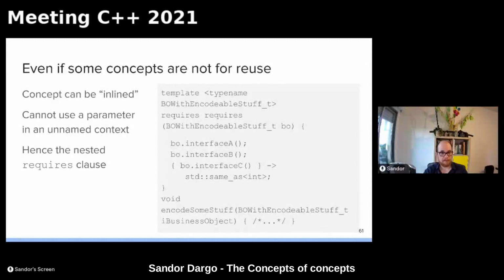And now again, you have a utility function that is well documented, because at the top of the function, at the signature level, you document exactly what kind of types you expect, what kind of types this function accepts.